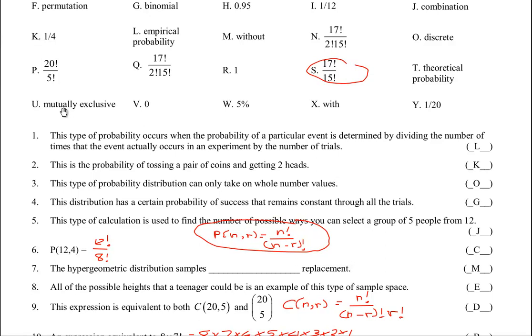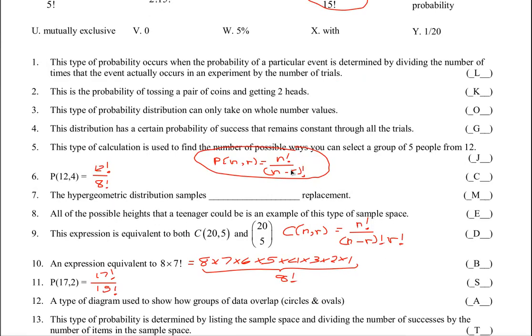It's like if you were dealing from a deck of cards, it would be impossible to get, for example, a face card, which is a jack, queen, or king, and let's say a card below 5 at the same time. So those would be an example of mutually exclusive events because they have no elements in common whatsoever.